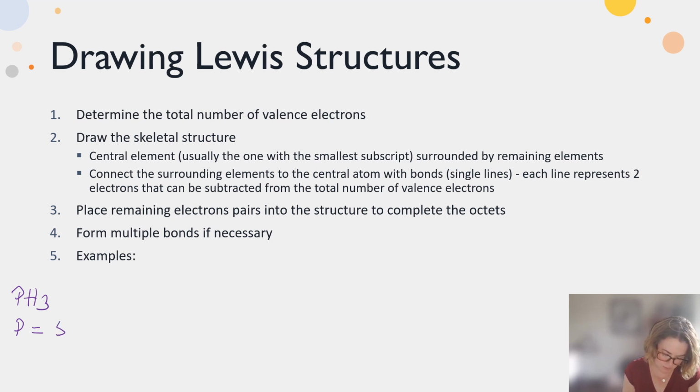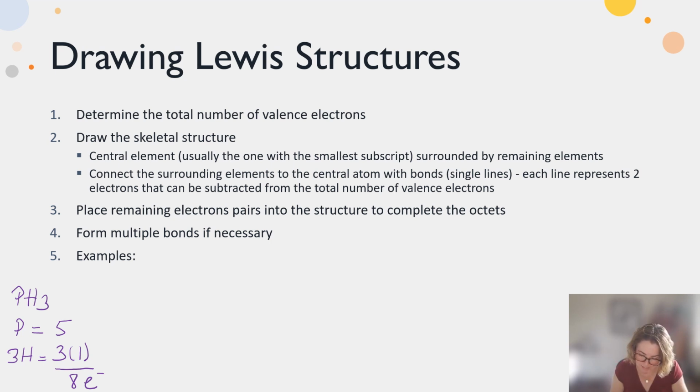So phosphorus has a total of 5 electrons, right? I've only got 1 phosphorus. I have 3 hydrogens. Hydrogen is in 1A. So each hydrogen has a total of 1 electron. And so the total number of valence electrons in this structure is going to be 8.